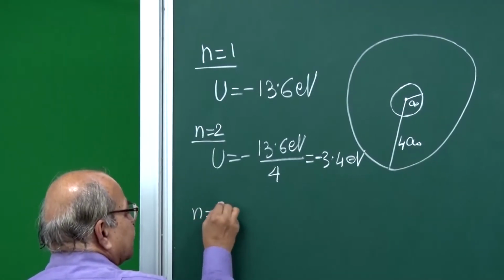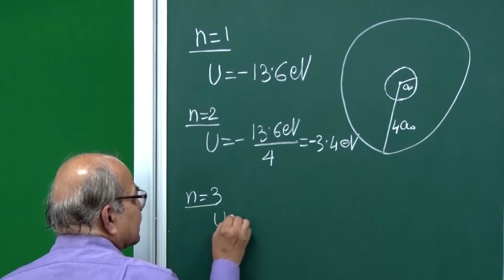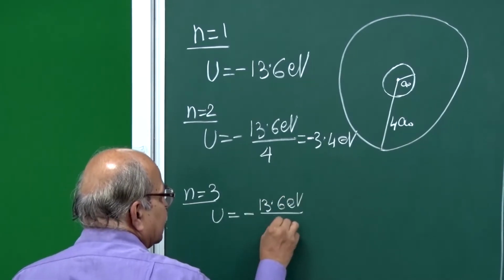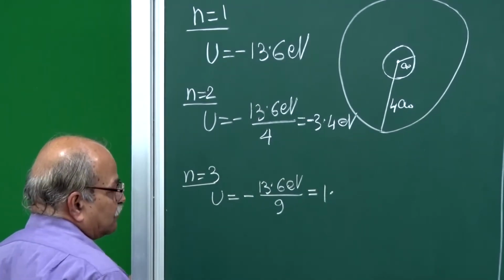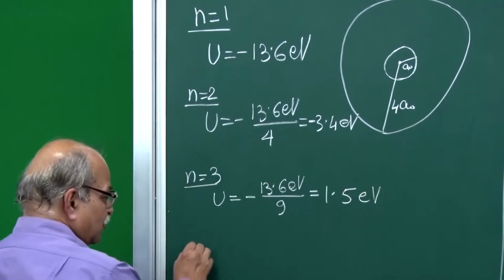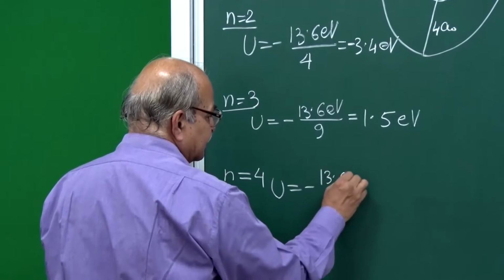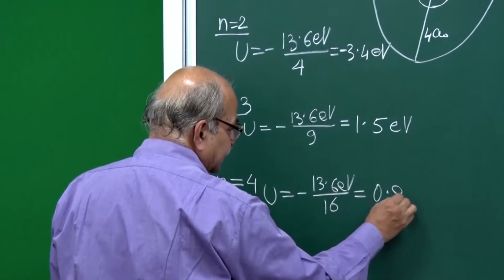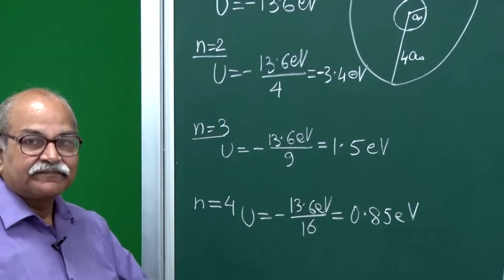Then n equal to 3, the bigger one with radius 9 A0, the energy will be minus 13.6 eV divided by 9, approximately minus 1.5 eV. For n equal to 4, U is minus 13.6 eV divided by 16, that is 0.85 eV, and so on. This is how you can write all those energies.